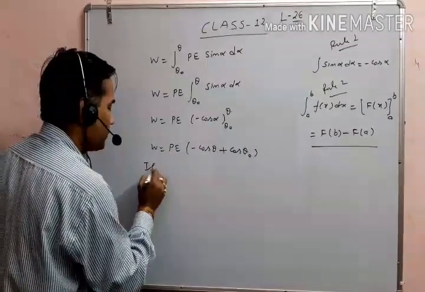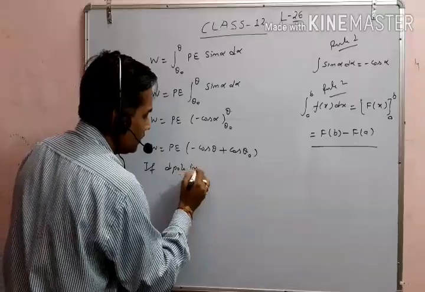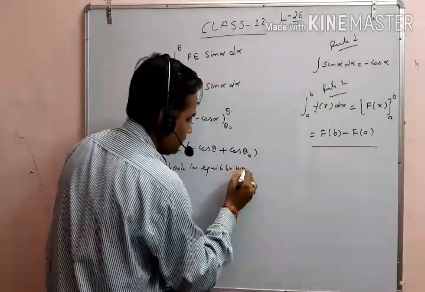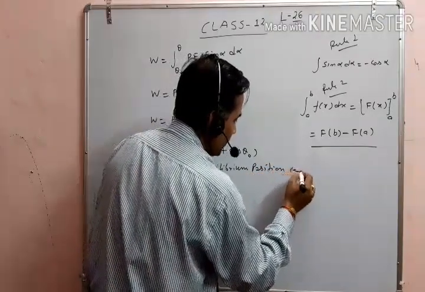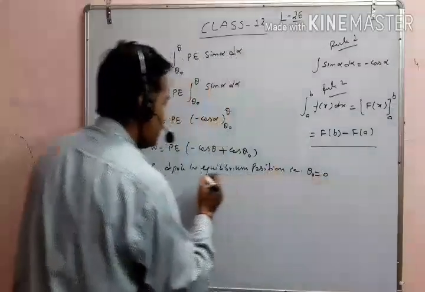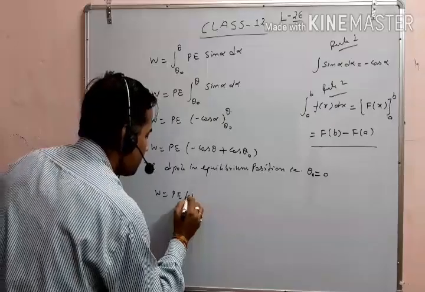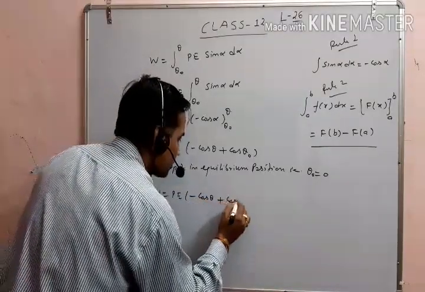If the dipole is in the equilibrium position, that is theta naught is 0 here. So work done becomes PE times minus cos theta plus cos 0.